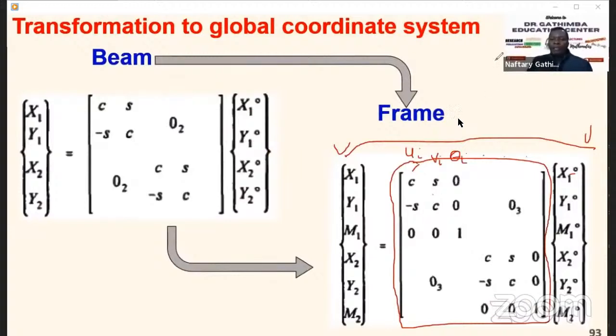So you can see the concepts are the same with what we covered in the previous lesson for the bar element and for the truss.